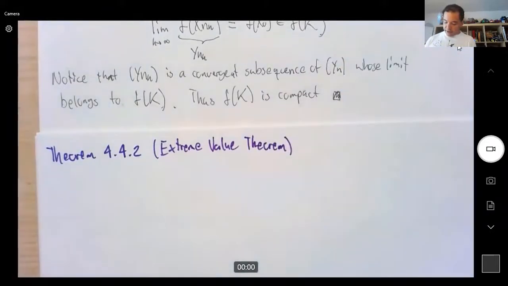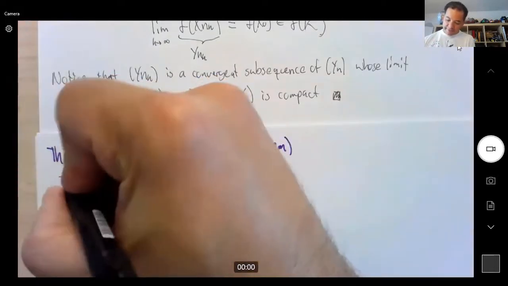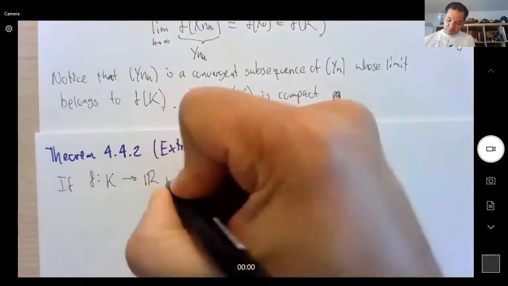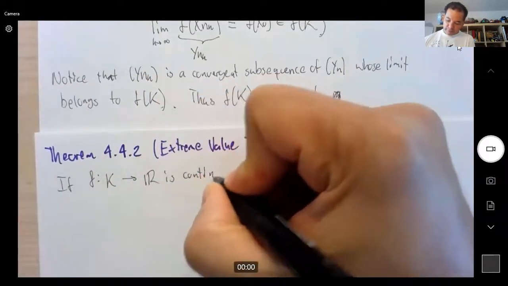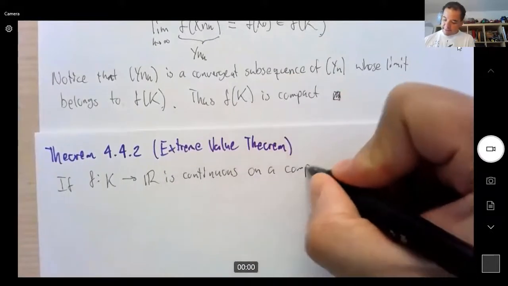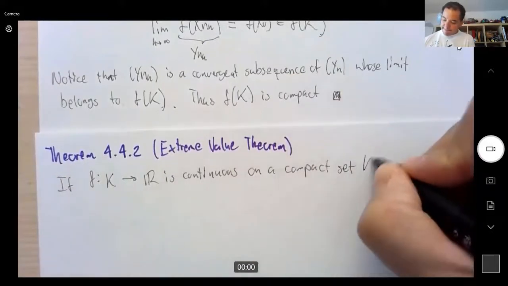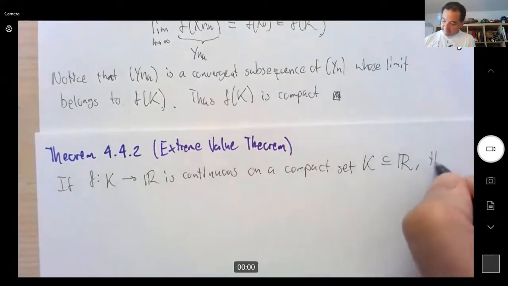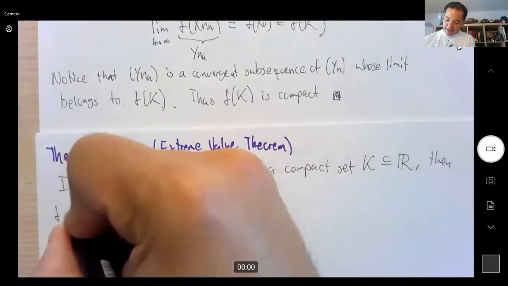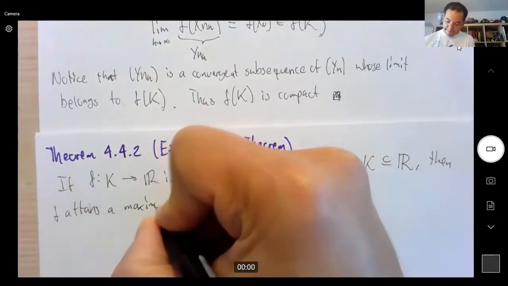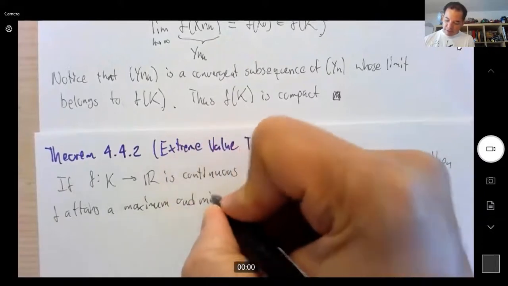And it says the following: if we have a continuous function on a compact set K, subset of the real numbers, then f attains a maximum and minimum value.